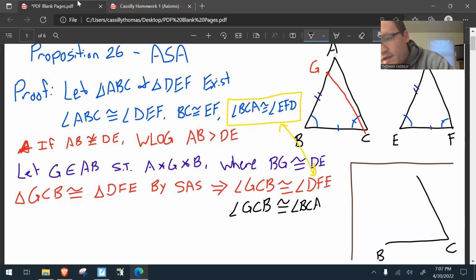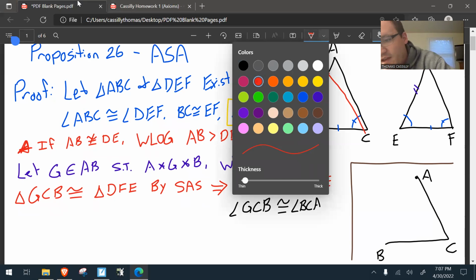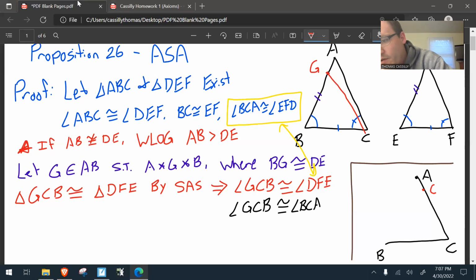So what I'm saying is, here was our original point A. And since these two are congruent, they share side BC. So since they share side BC, we must have that G is also somewhere on AC. So we have two situations. Maybe G is between A and C. Maybe A is between G and C.